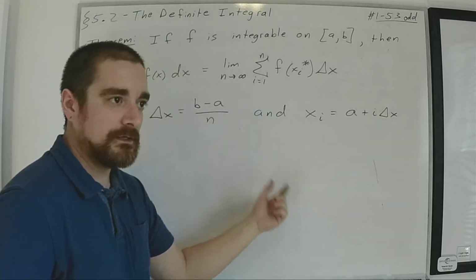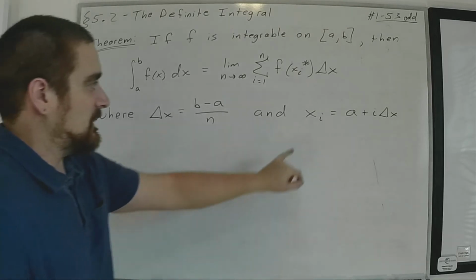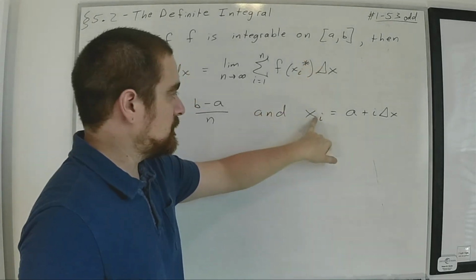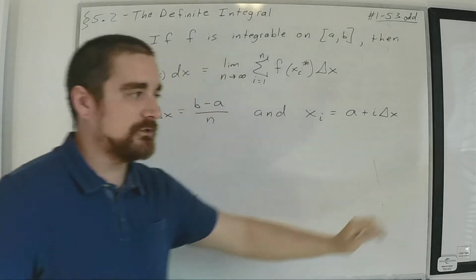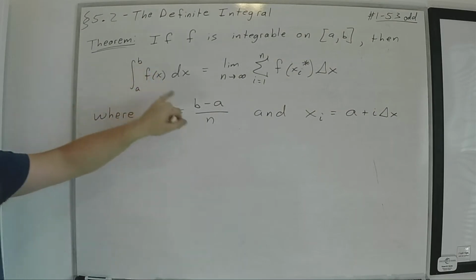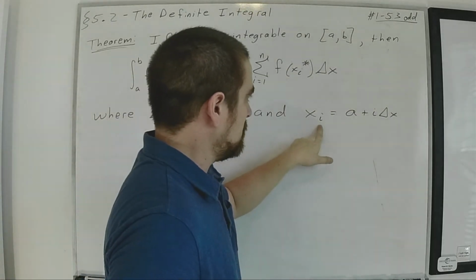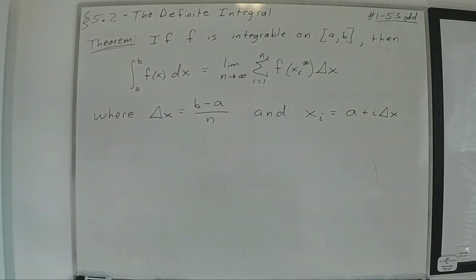So I keep moving further and further down my interval until I finally get to xn, which is a plus n of those changes in the x value, and that gets us all the way to the endpoint b. So we start with x0 at the beginning of the interval and go all the way up to xn at the end of the interval.